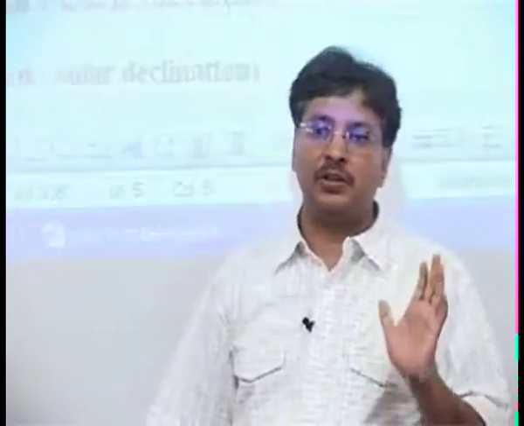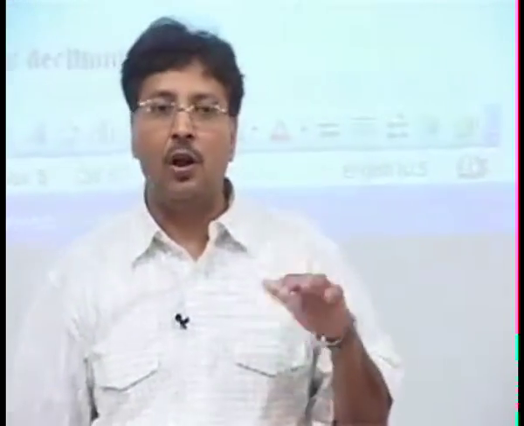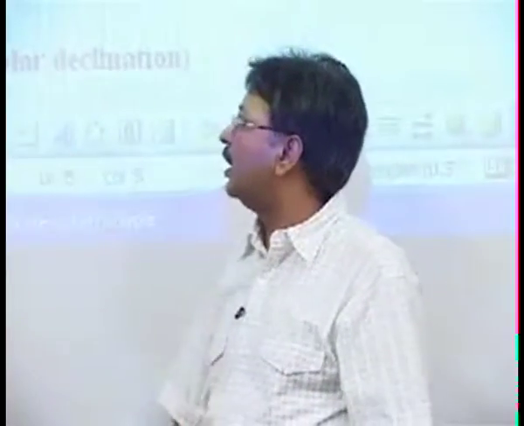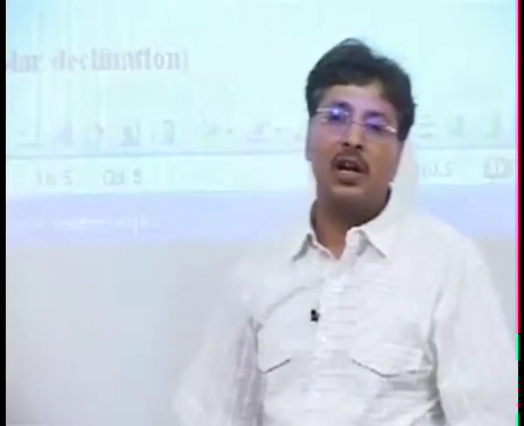L is the latitude of the place. Longitude we have already used, so now we are using latitude. D is solar declination, that we defined earlier with all those pictures you saw, and T is the hour angle. So we have to define D and T. Where do D and T come from?